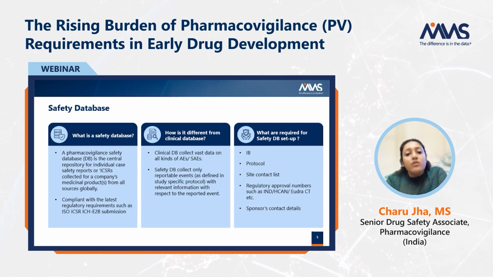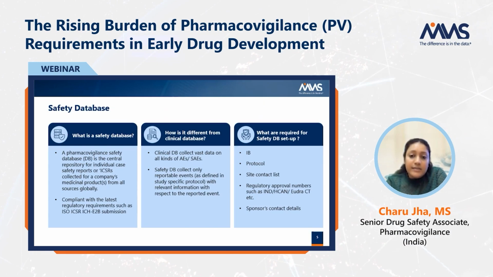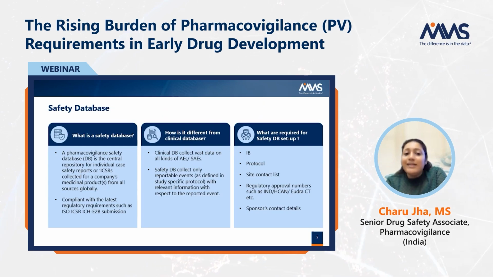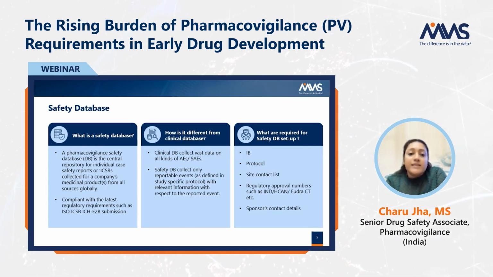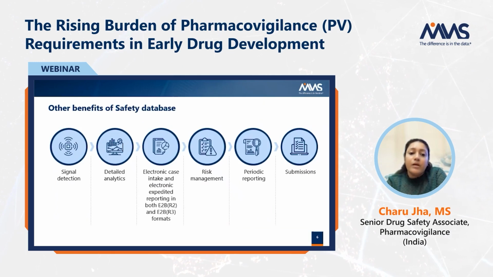To set up or configure a new study in safety database, the minimum required documents are finalized IP, protocol, site contact list to configure investigators' details, regulatory approval numbers such as IND, Health Canada, etc. to generate corresponding CIOMS, MedWatch, XMLs for submission, and sponsors' contact details which will reflect in these regulatory reports.